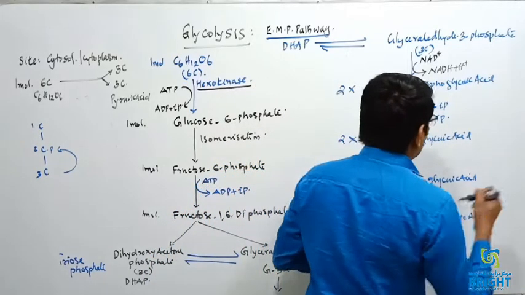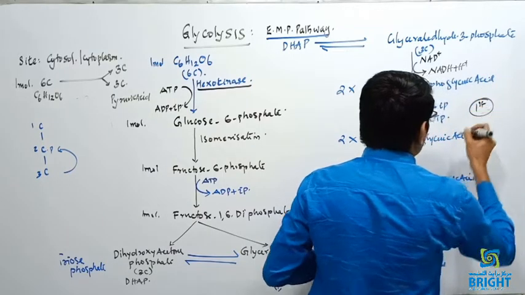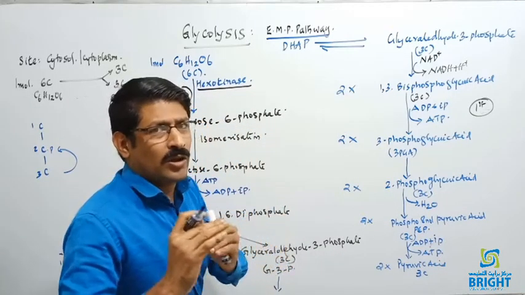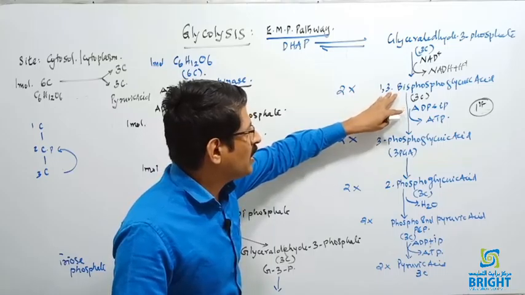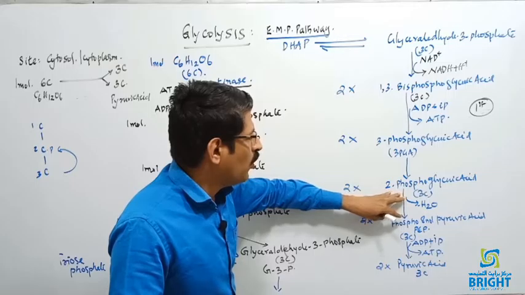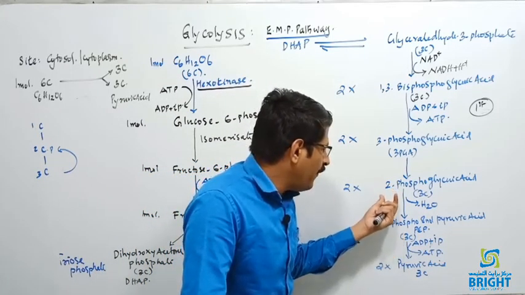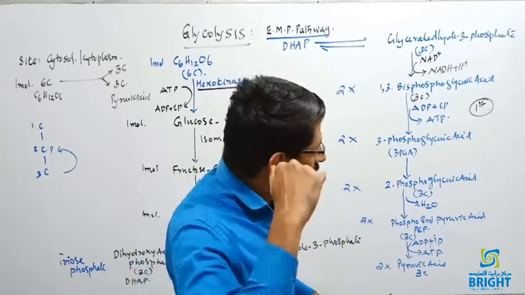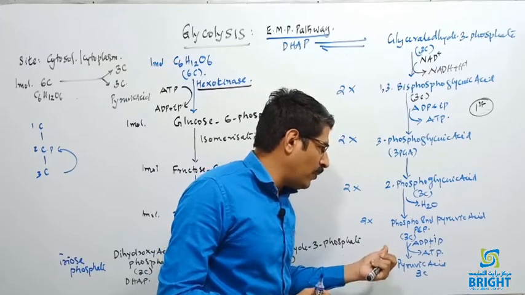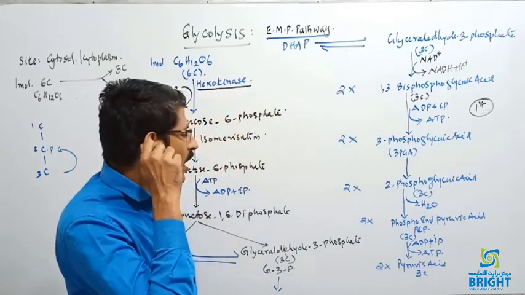This is the first ATP produced as a part of the glycolytic process or any respiratory process, because glycolysis is the initial stage. 1,3-bisphosphoglyceric acid is converted into 3-phosphoglyceric acid. 3-phosphoglyceric acid is converted into 2-phosphoglyceric acid, a position change, positional isomerism, and then 2-phosphoglyceric acid releases 1 molecule of water, and that results in phosphoenol pyruvic acid, and then phosphoenol pyruvic acid releases the phosphate, which combines with ADP and forms pyruvic acid.